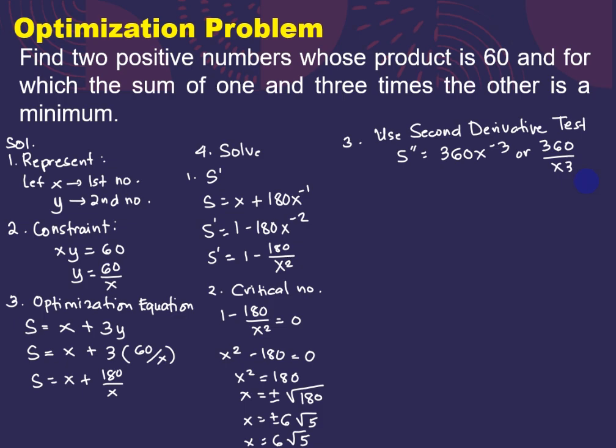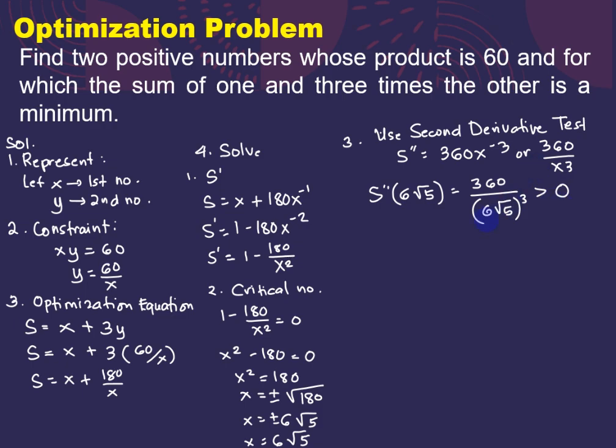Then we test the value of the second derivative at the given critical number. So we compute s double prime of 6 square root of 5. That is 360 over (6 square root of 5) cubed. As you can see, this is positive, very obvious that it's greater than 0. No need to compute that value.